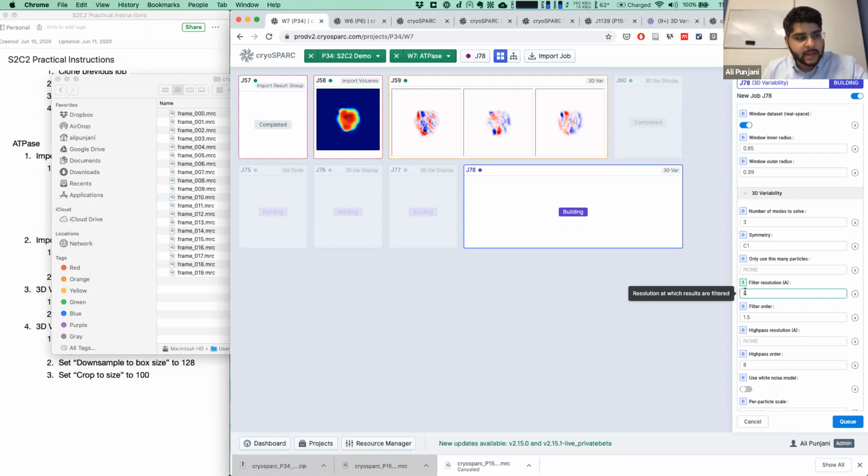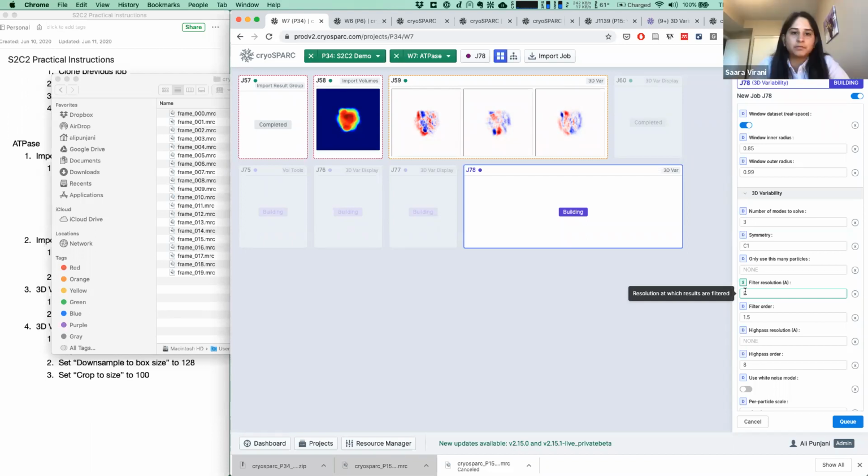Memory intensiveness wise, it's usually not, because we don't usually use it at the full resolution of the images, depending on how fine of motion you're looking for. It's totally plausible to resolve 3 or 5 or 10, I think I've done even 20 variability components. It's really limited by the GPU memory, but that doesn't seem to be a big bottleneck right now, memory usage.